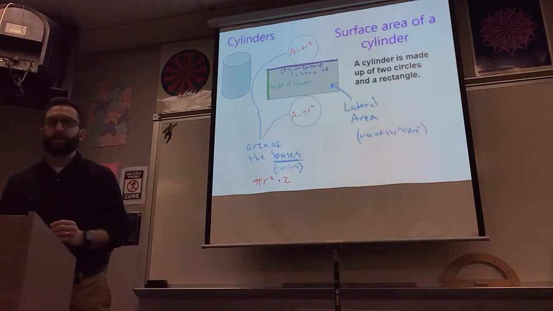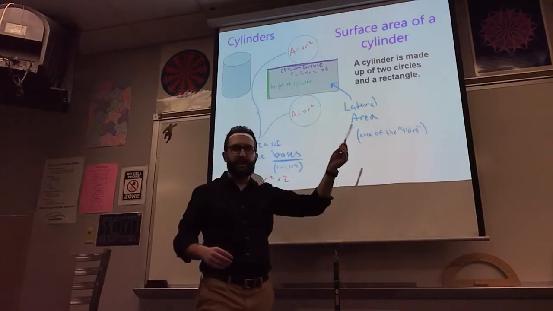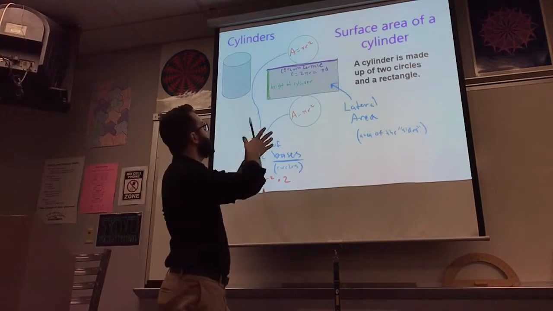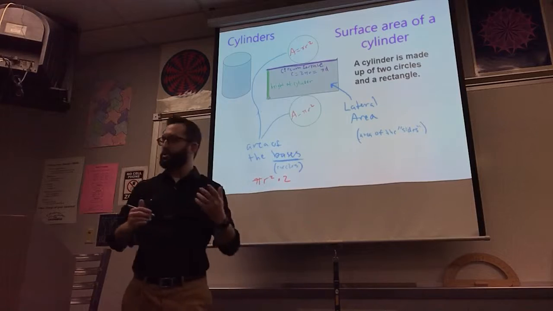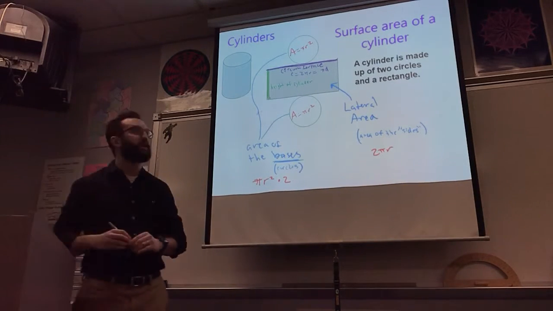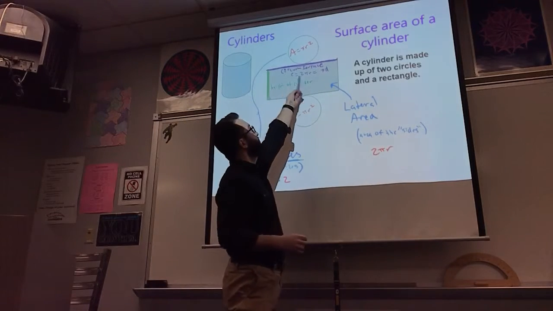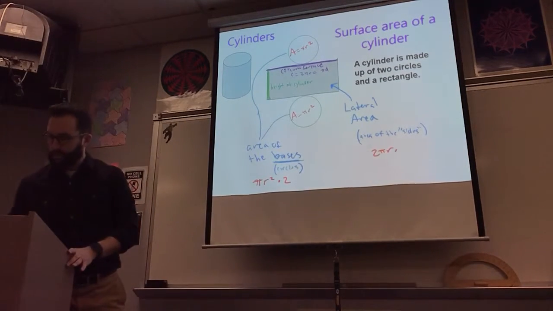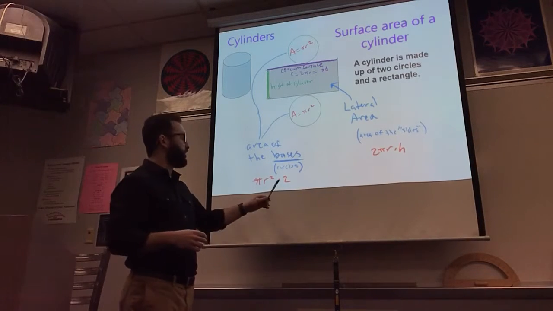Exactly. The lateral area is the area of a rectangle. Area equals base times height. What's the base of this rectangle? Circumference, 2 pi r, and we saw this yesterday, times the height, times h.